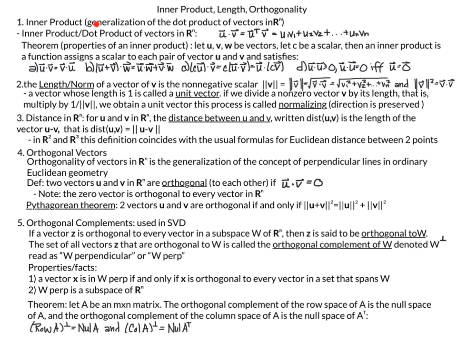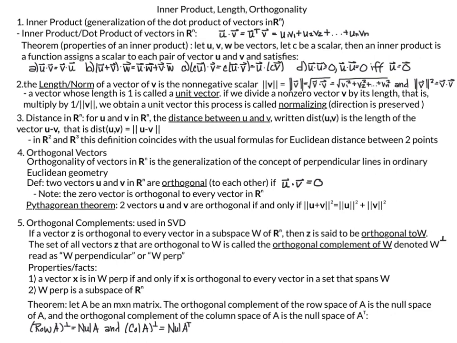The inner product is a generalization of the dot product, and the dot product that we use for vectors in Rn. So just to review, the dot product for vectors in Rn, if you have two vectors u dot v, if you consider u, the vector, to be a matrix with only one column, and v, a vector, a matrix with only one column, then u dot v can be defined as u transpose multiplied by the matrix or vector v, which we can write out, and that formula will give us component by component multiplication all added together.